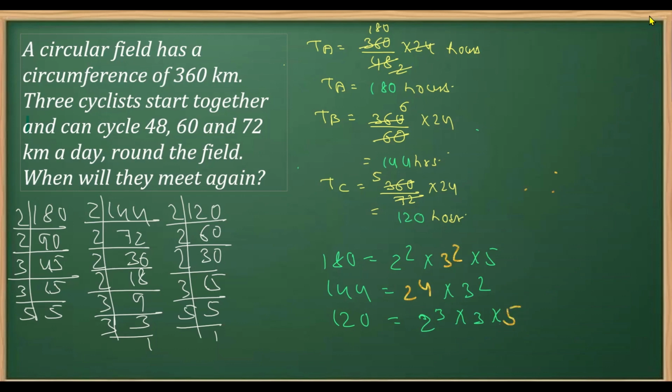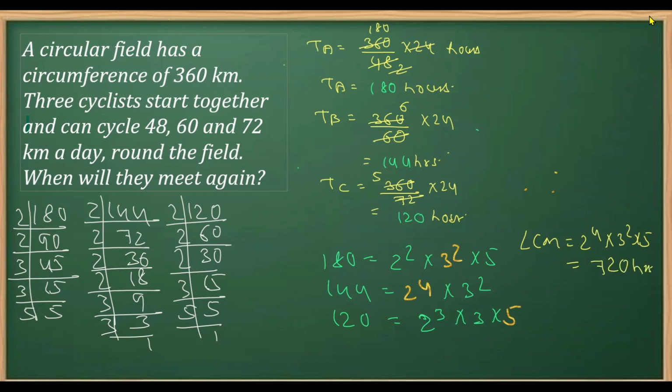So the LCM is going to be 2 raised to the power 4 into 3 raised to the power 2 into 5. So 2 raised to the power 4 is 16. 16 into 5 is how much? 80. 80 and 3 square is 9. So we'll do 9 into 80, that is 720.